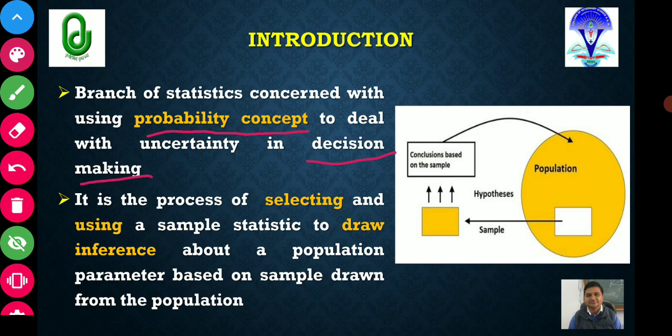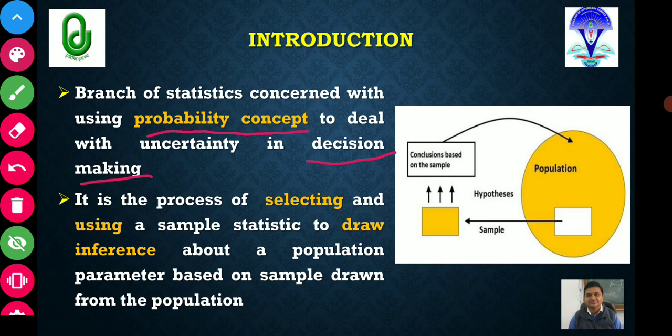To reduce that uncertainty, or to turn that uncertainty into certainty, we will be using probability concepts. We have already seen probability and probability distribution. Based on those concepts, in statistical inference we will be able to make certain conclusions or decisions.